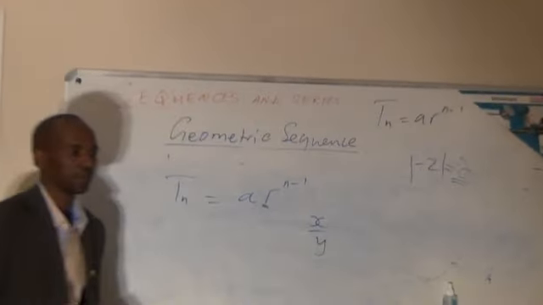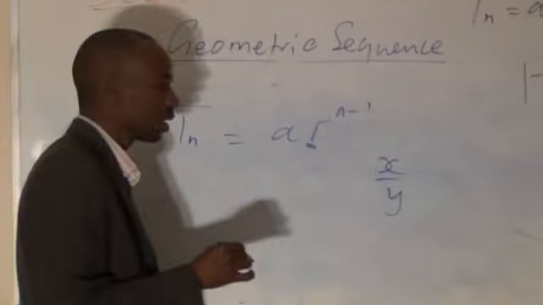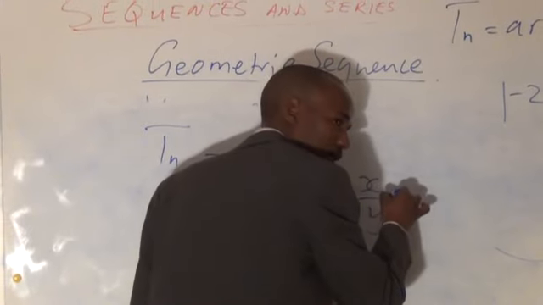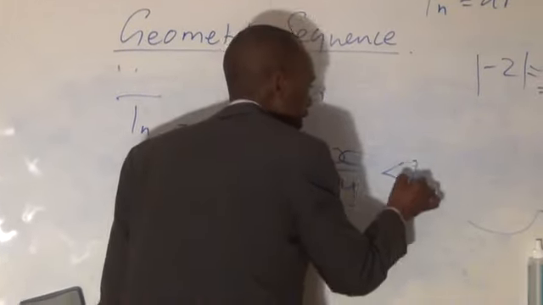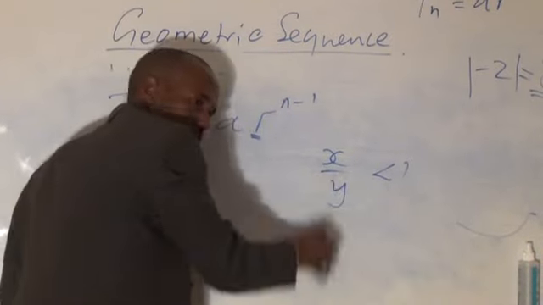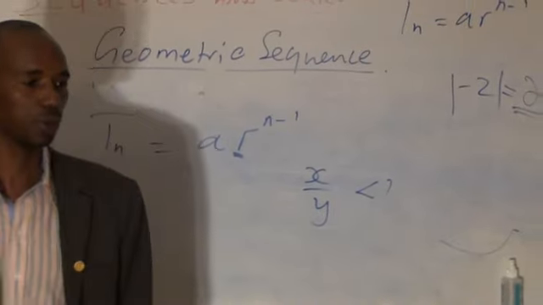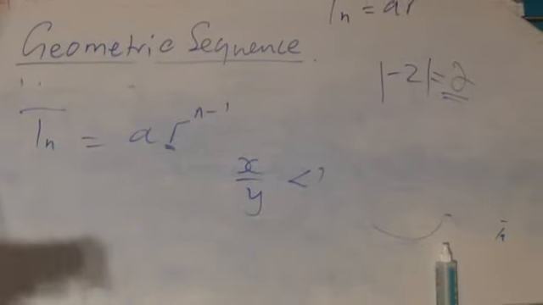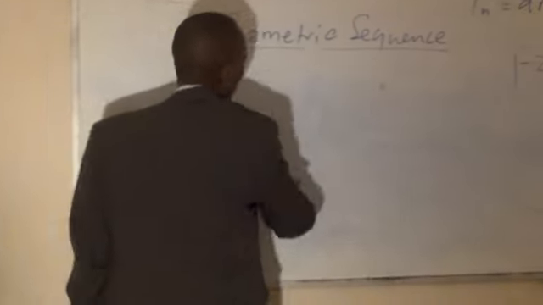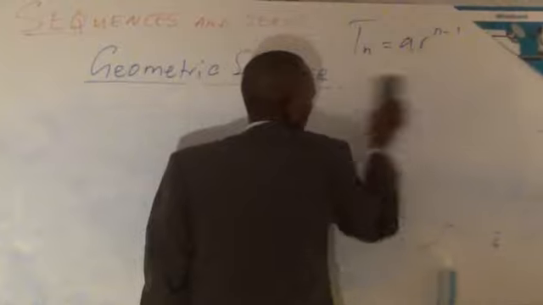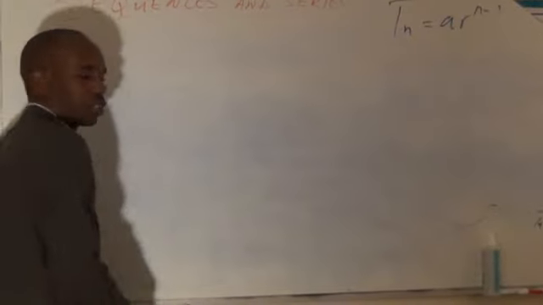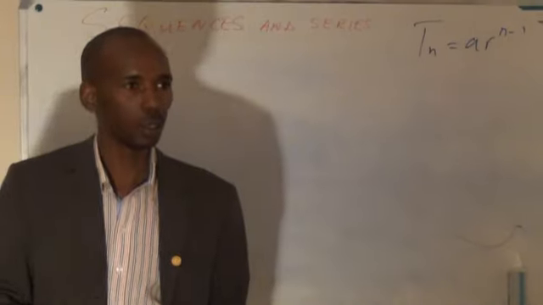Probably x over y. And we are saying that this fraction, x over y, has to be less than 1 in absolute value. This actually gives the fundamental proof that for us to converge, our common ratio has to be a fraction, and a simple fraction.